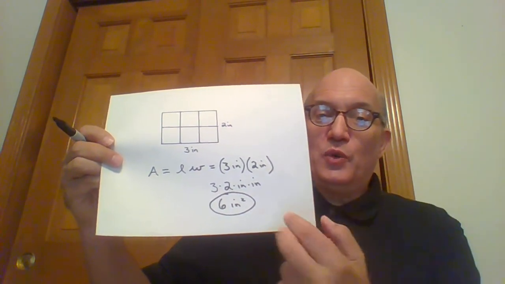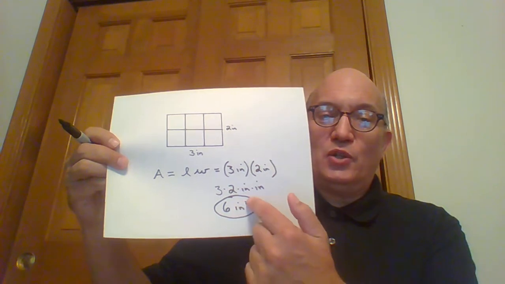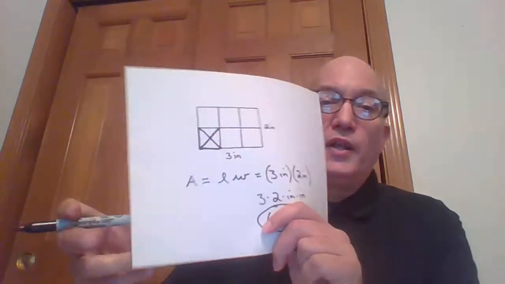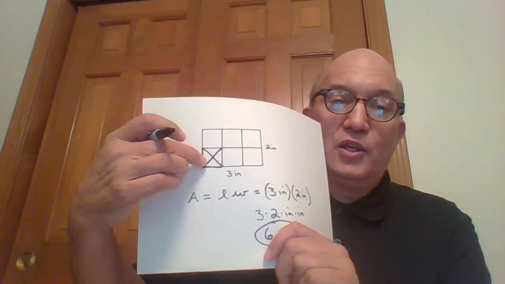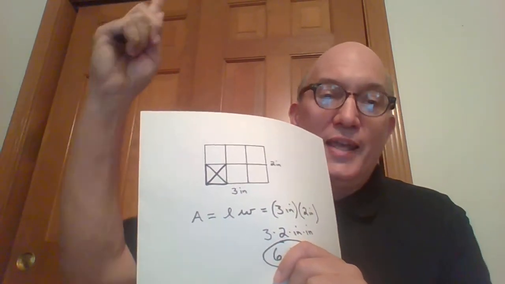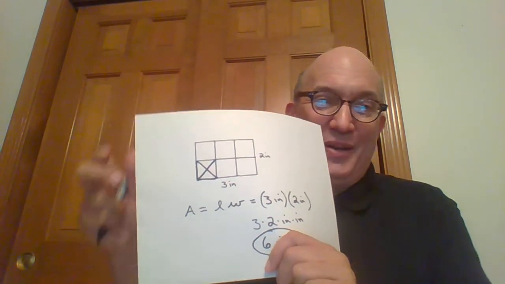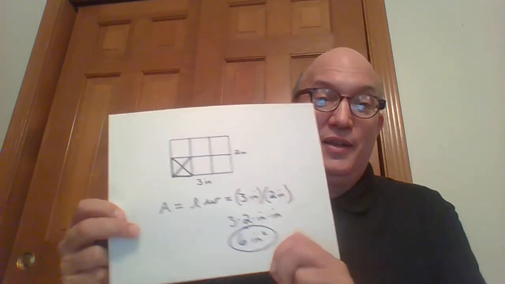So what we do is we take this algebraic notation, inches to the 2 power, or inches squared, and we relate that to one of these squares up here. I'll put an X through it, okay? So one of those squares, like I just put an X through it, that is 1 inch squared, okay? And there are 6 of them. So that's why the answer is 6 inches squared.